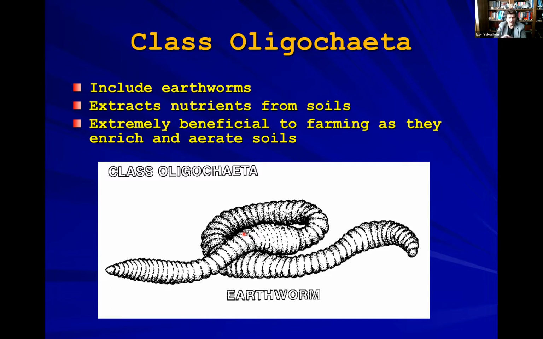They also aerate the soil, so they are extremely great for enriching soil, introducing bacteria, and breaking down organic material. A very important part; not much to look at to begin with, but very important for agriculture, so to speak.